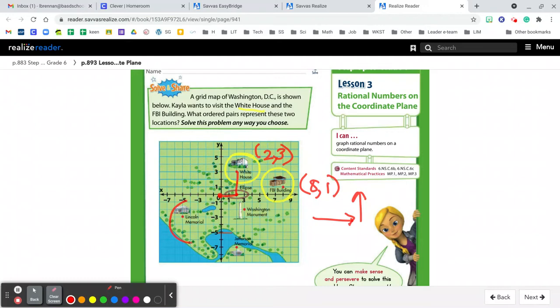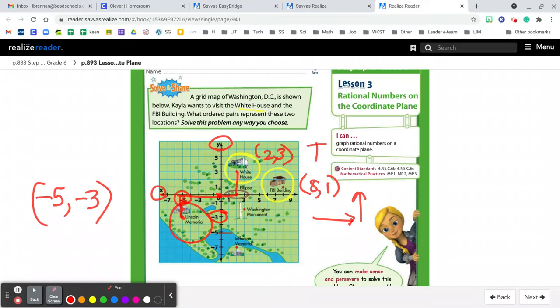If you're looking at the Lincoln Memorial, you're going to start at 0. You're going to go over to -5 on the x-axis. Remember, they're labeled x and y. And then you're going to go down 1, 2, 3, down 3. So that's a negative.